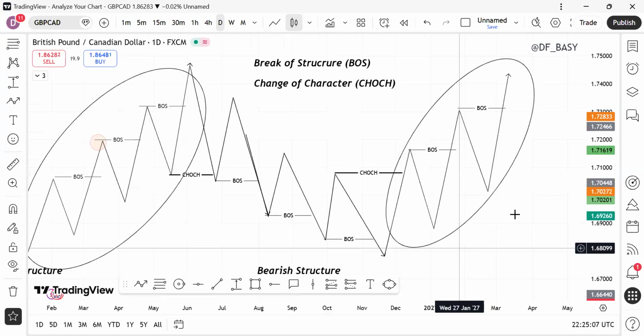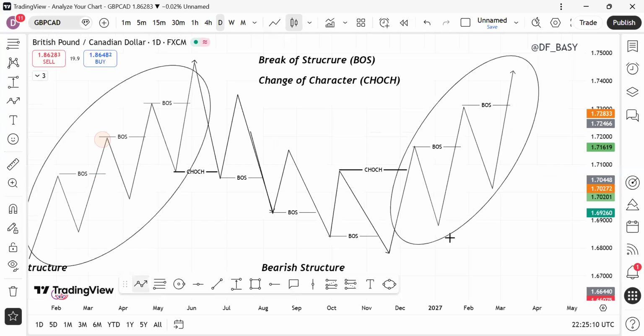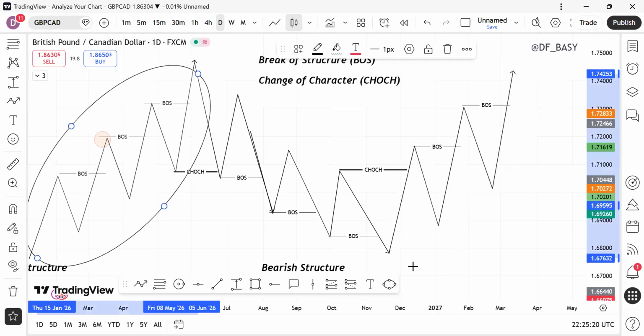So now I told you guys, market doesn't just move in a straight line. So it moves in structure. So now if I remove this ellipse, hold on. Can you now see the structure which the market is moving in?